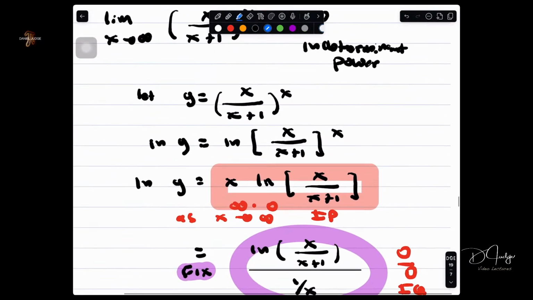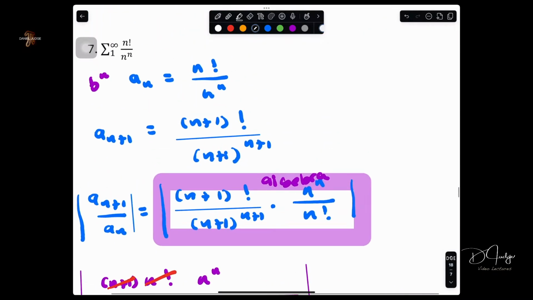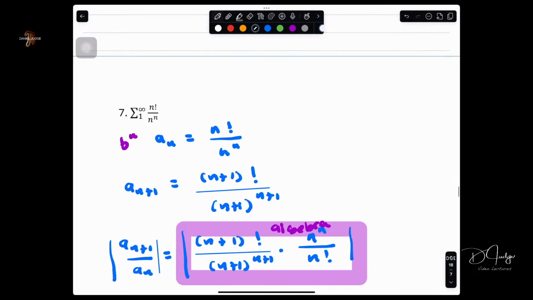And that 0 is less than 1, by the way. So this is smaller than 1, and that's what we're looking for, because by the ratio test, we have absolute convergence, which implies we have convergence here. This converges by the ratio test.